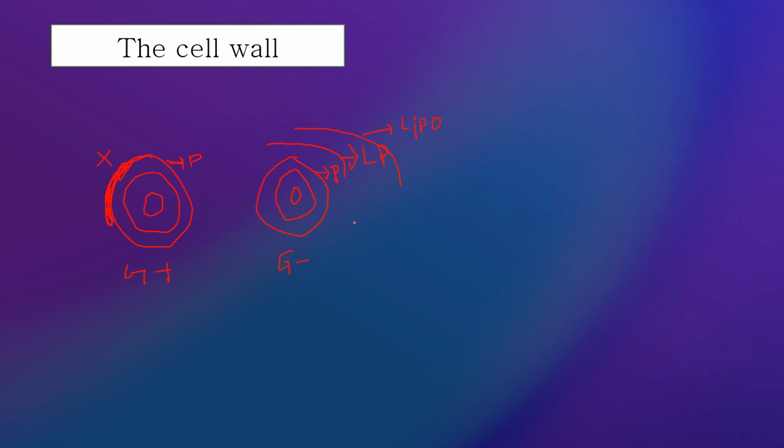In gram staining, first we applied what? First we applied crystal violet, then iodine. Then we applied what? Ethyl alcohol, 95% ethyl alcohol.